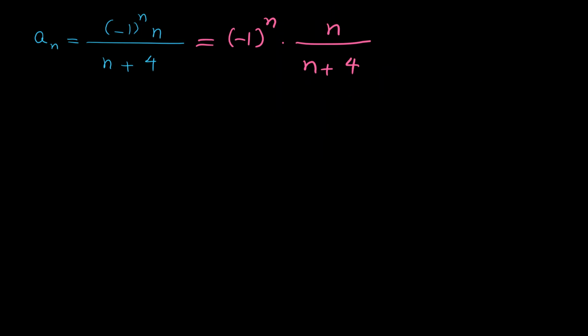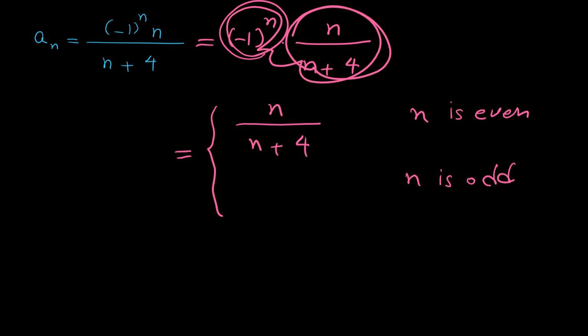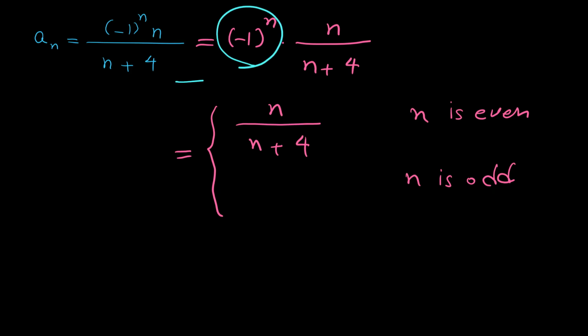Again, for writing this, we consider two cases. n is even, n is odd. When n is even, what happens? This is 1. So we have n over n plus 4, because 1 times this is the same thing. When n is odd, this is negative 1.